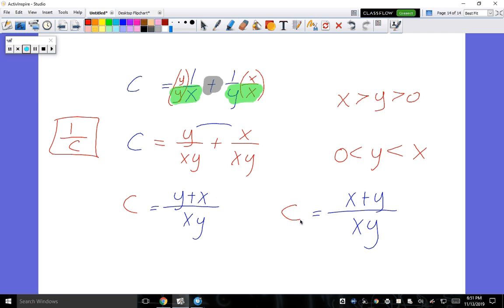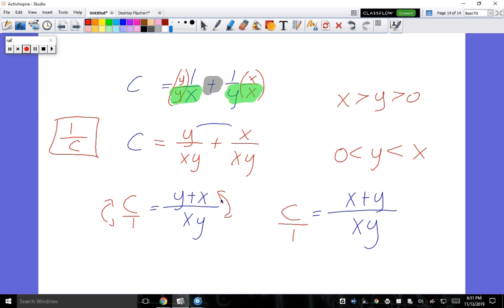And last but not least, we want 1 over c. So to make this say 1 over c, because right now, what does it say? c over 1. All I have to do is flip. Take the reciprocal. So when I take the reciprocal over here, I'll have xy over x plus y, which is d.